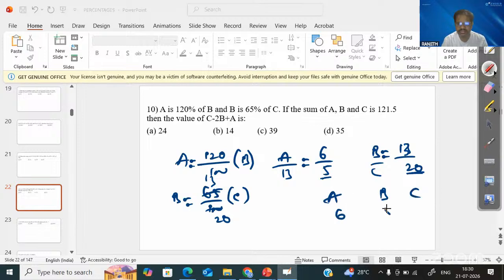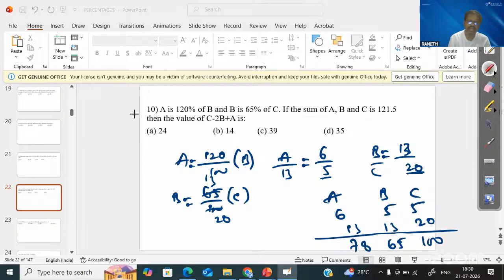So 6, 5, 13, 20. So here I will write 5. Here I will write 13. 13 6s are 78, 60. Sorry. 13 6s are 78, 13 5s are 65. It will be 100.